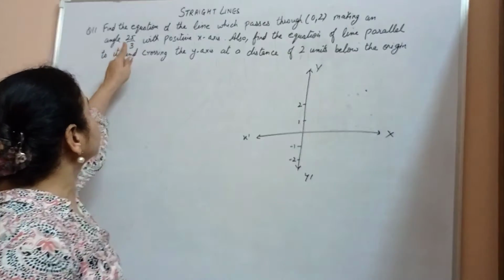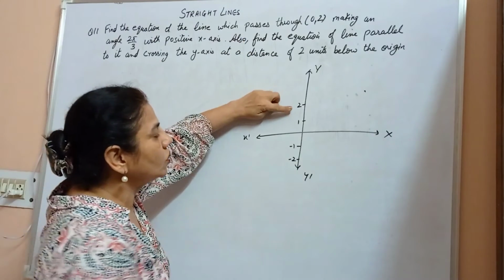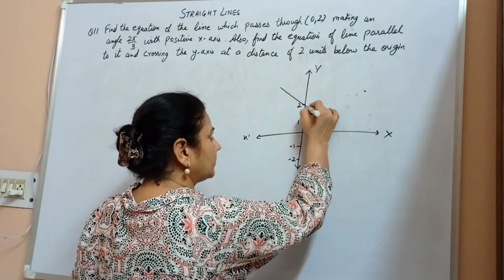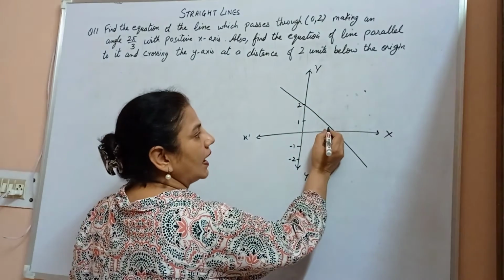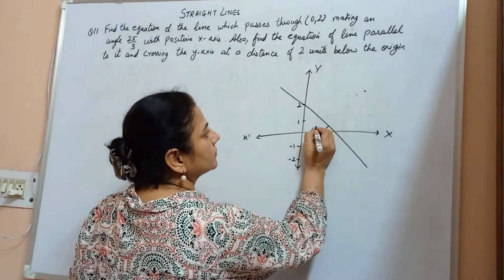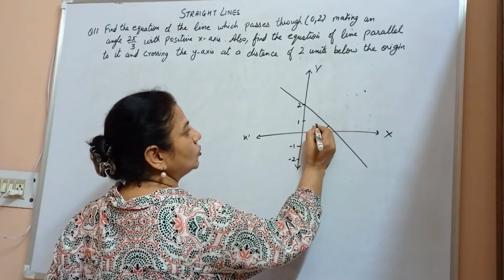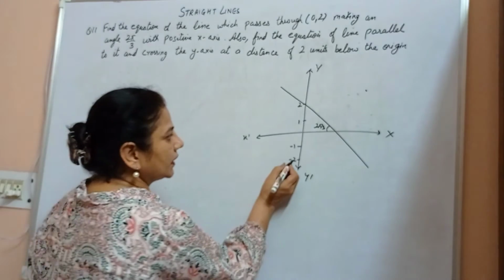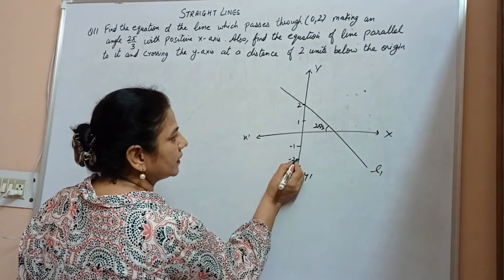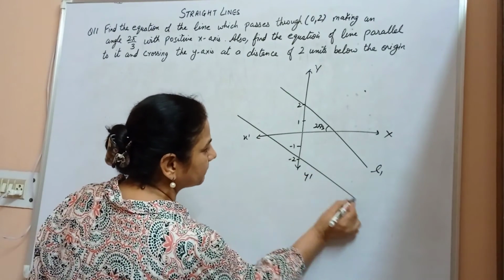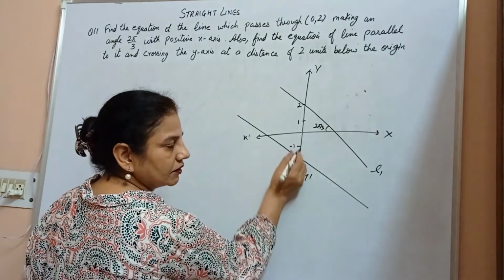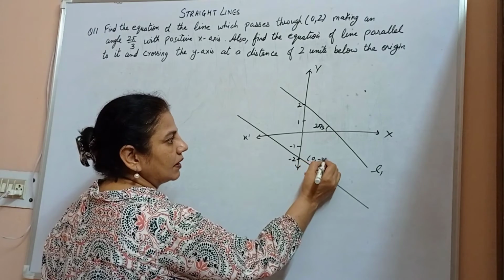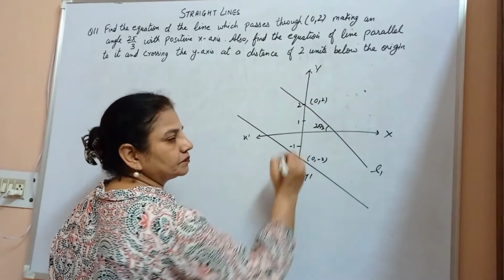The first line, it says find the equation of the line which passes through this point, 0, 2, and makes an angle 2 pi by 3 with the positive direction of the x-axis. This is line 1, and another line is parallel to this line and passes below the origin. This is 0, minus 2 and this point is 0, 2.